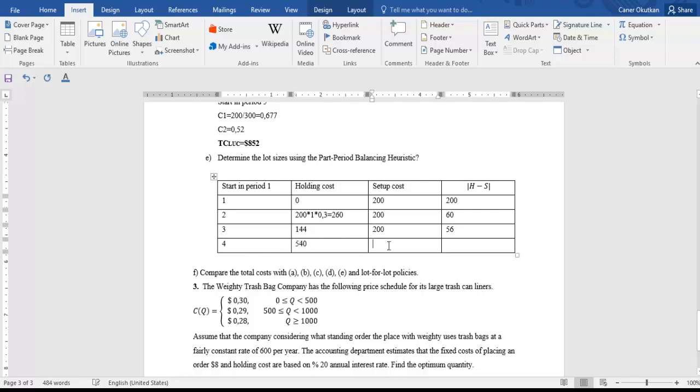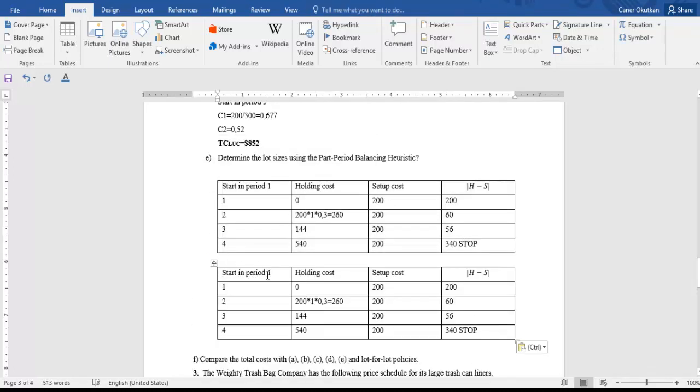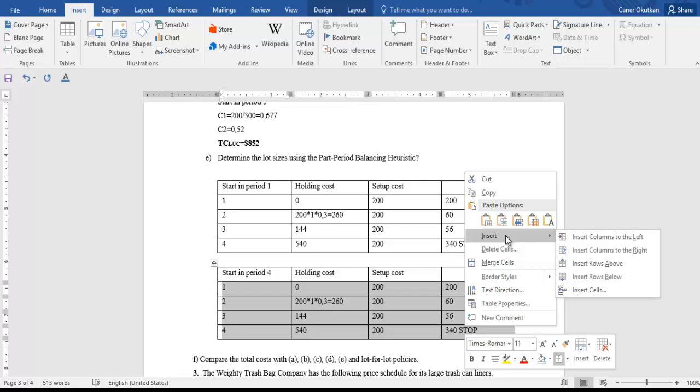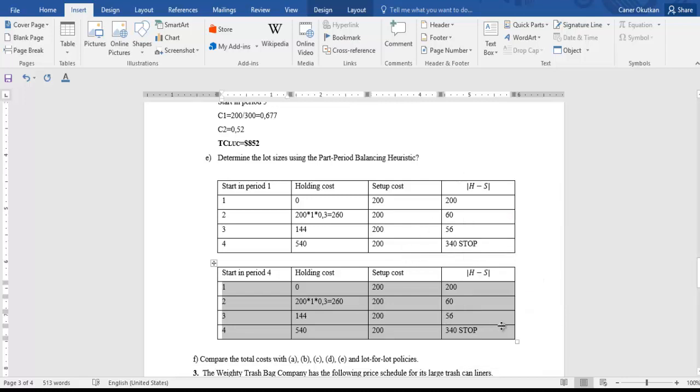540 but 200. So stop. Start in period 4. Clear data 4.